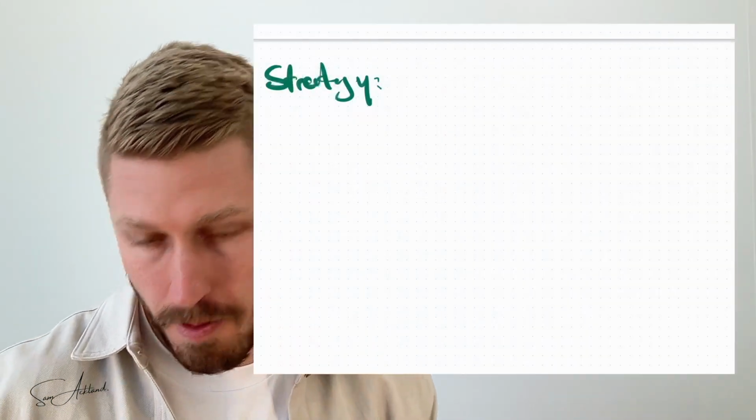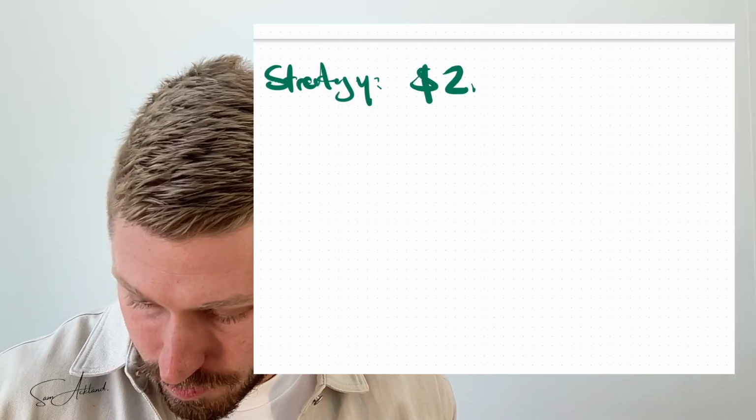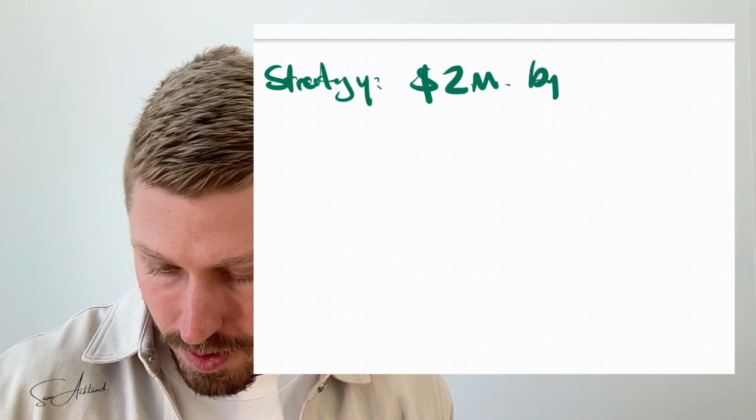So I want to draw back into what our KPIs are based on the conversation that we've had today. Our target mission strategy is $2 million by end of financial year.